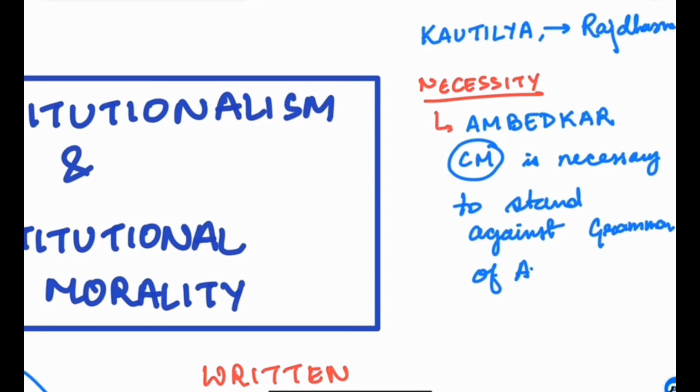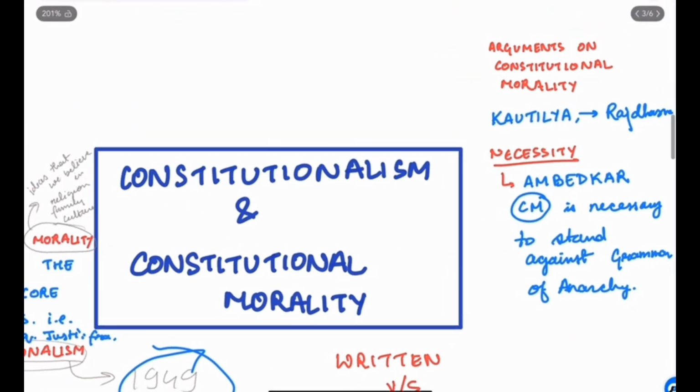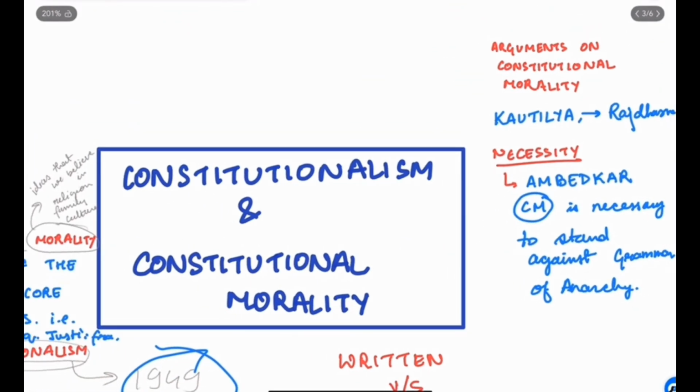It is a very famous term, you might have heard, but let's talk about it a bit. Grammar of anarchy. So Dr. Ambedkar was a firm believer in constitutional methods, and he was skeptical of what? The extra constitutional protests, hunger strikes, etc., the Gandhian methods.